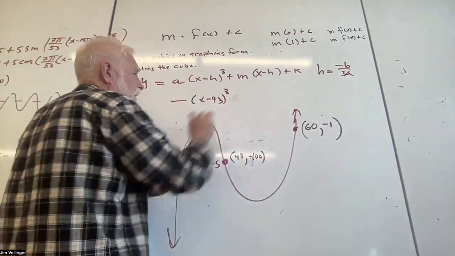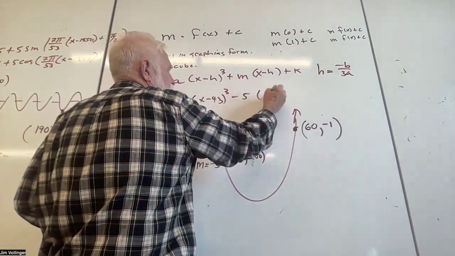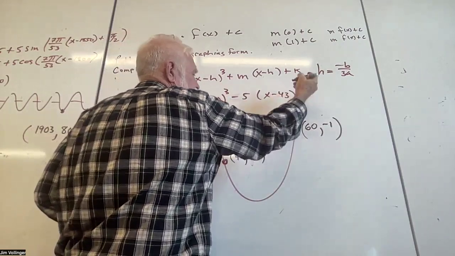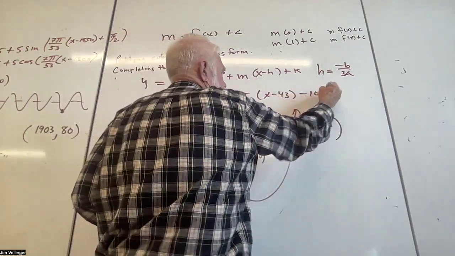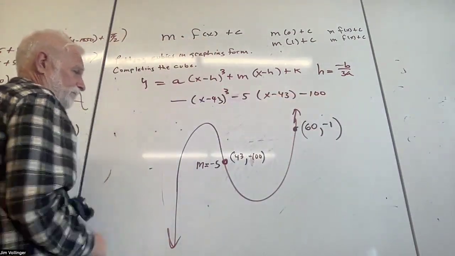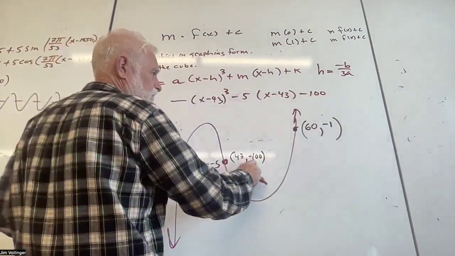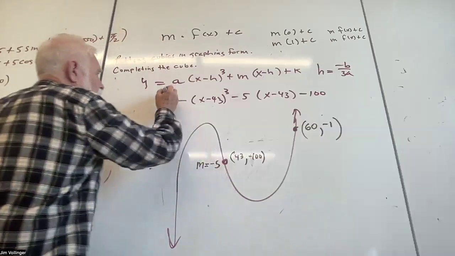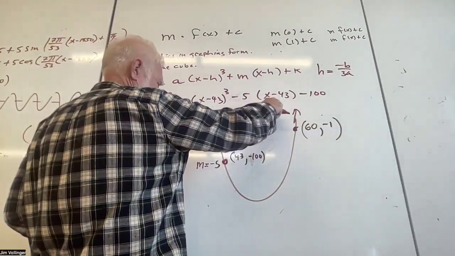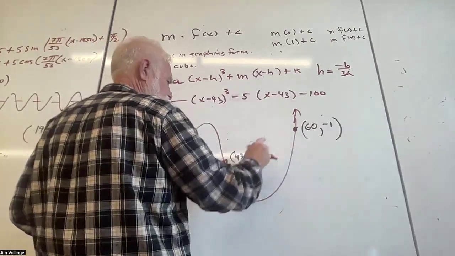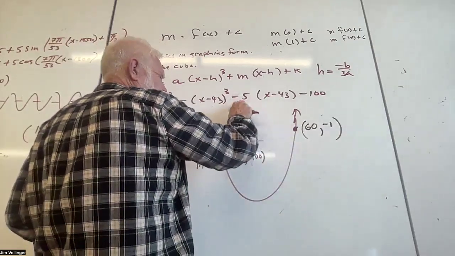So again, you write that. -5 times x minus 43 gets us -100. All right. So the a term, well, I got to get from -100 up to -1. So I got to go up 99. But the linear function's taking me down. How far did I change? 43 to 60, 17 times 5, 85 units.